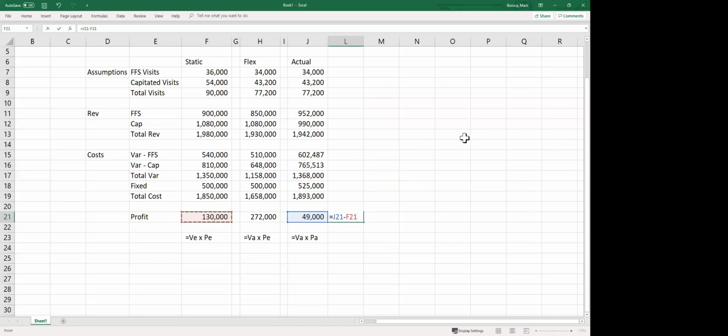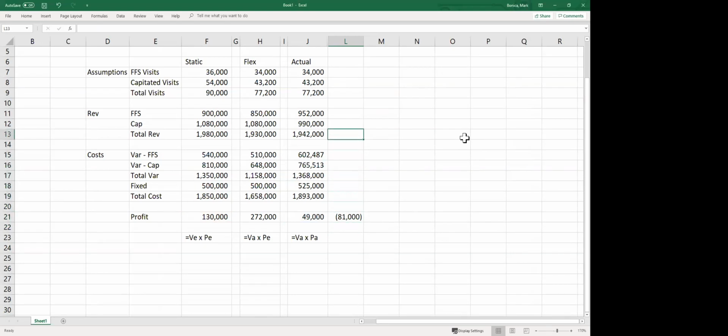Well, the way we set these up is a positive number is a good thing, negative number is a bad thing. And so we thought we'd have 130,000 in profits. We actually got 49,000. So we have a negative 81,000 variance, right? And that makes sense because not getting as much profit as we thought is a bad thing. So we wound up with negative 81,000 in profit variance.